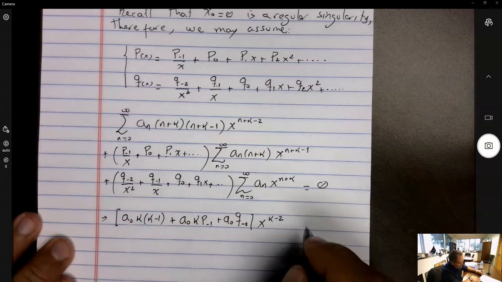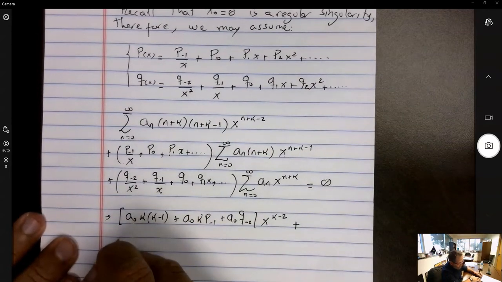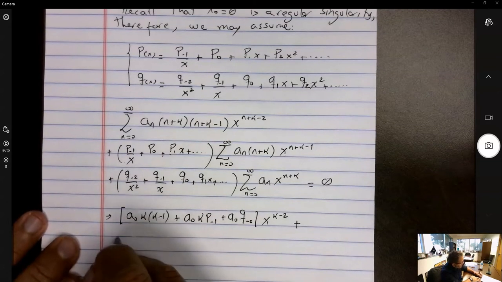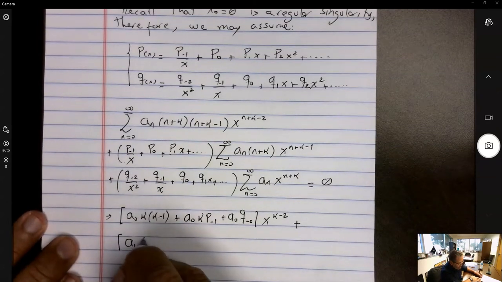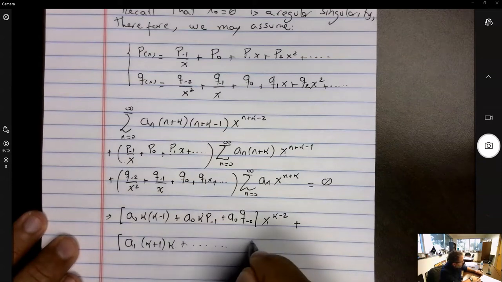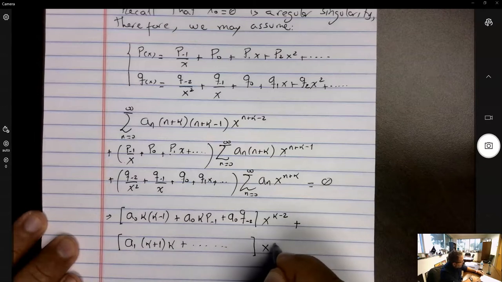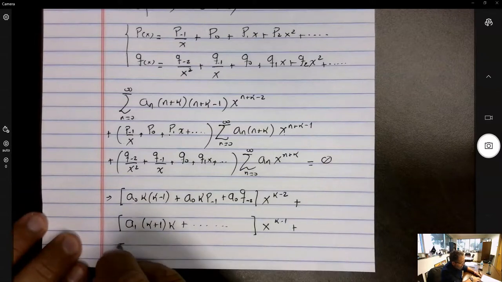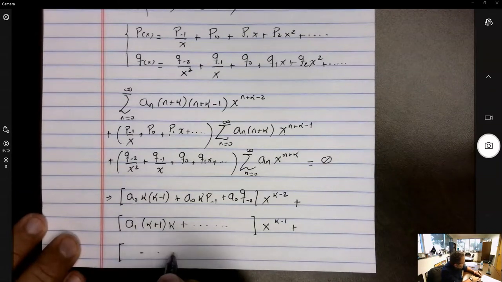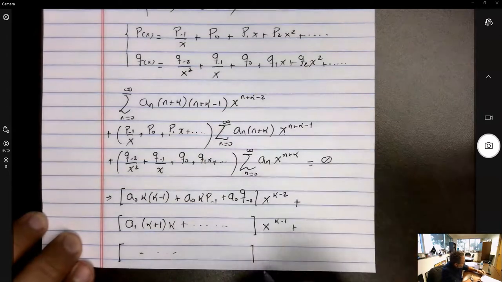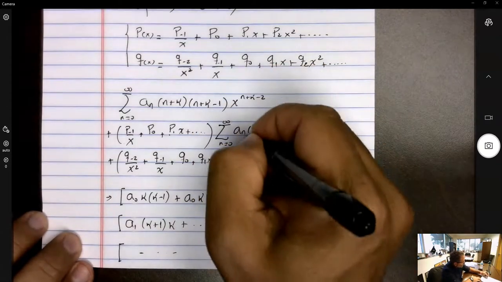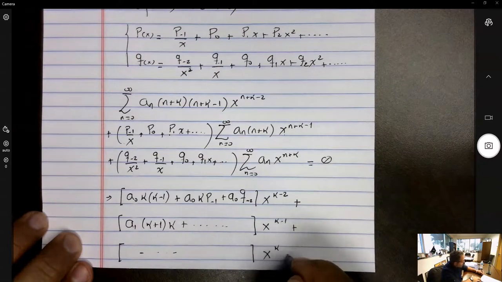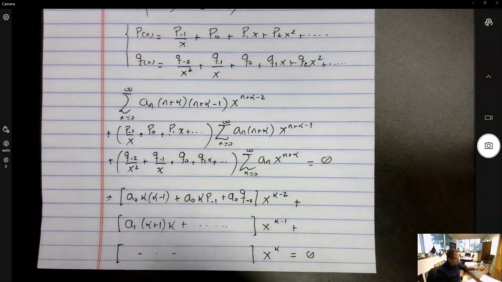So that's k minus 2 plus, I get a1 times (k plus 1) times k plus so on and so forth, x to the k minus 1 plus, so the point I'm trying to make is I can expand every single element of this series and group them together, and I can take one element from each of the series and group them together, and I can keep on going, and at the end this is all equal to 0. So there's a summation.